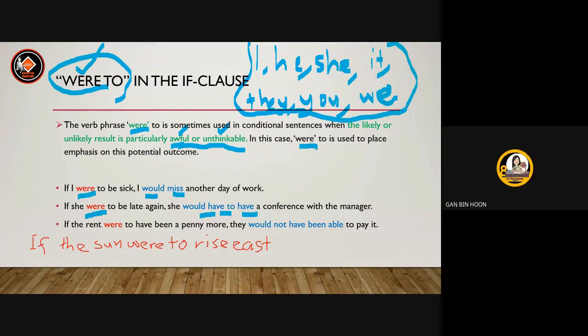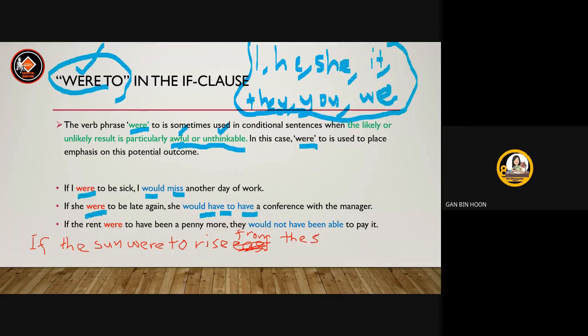Geografi. East. East betul. Okay. East kan? So east ni betul-betul tak? Kalau west kiamat. So if the sun were to rise, okay, from where? From the west. Katalah tak logik.